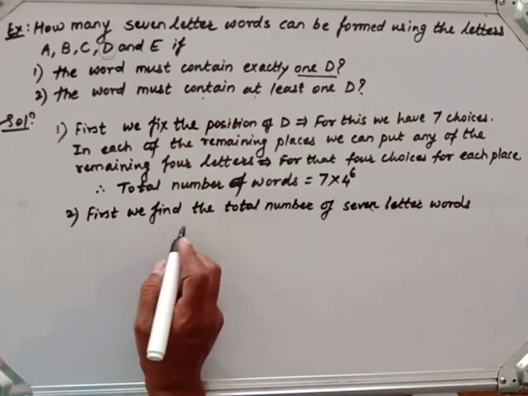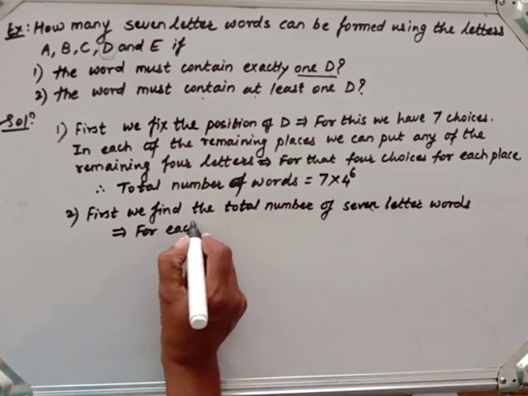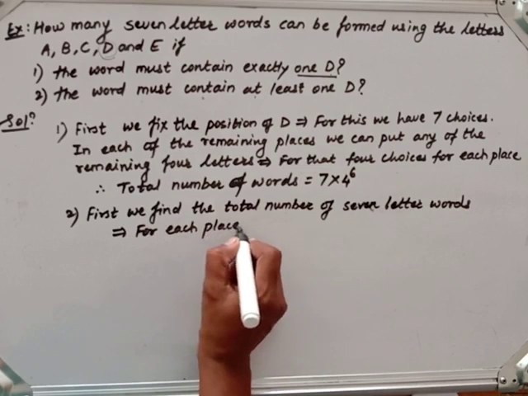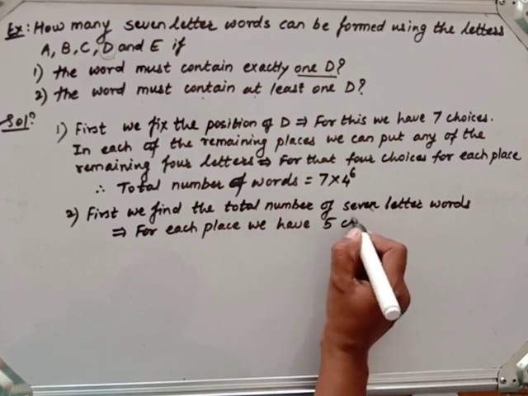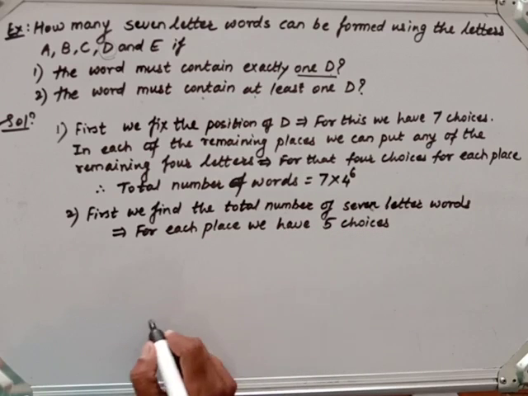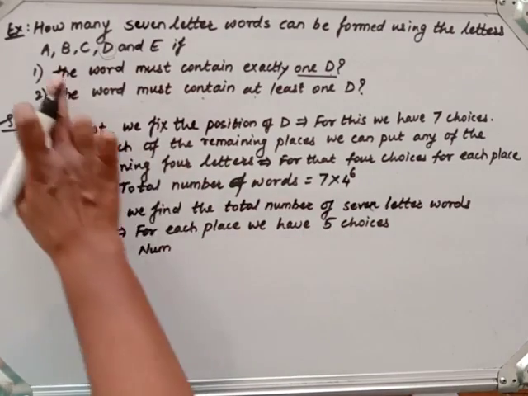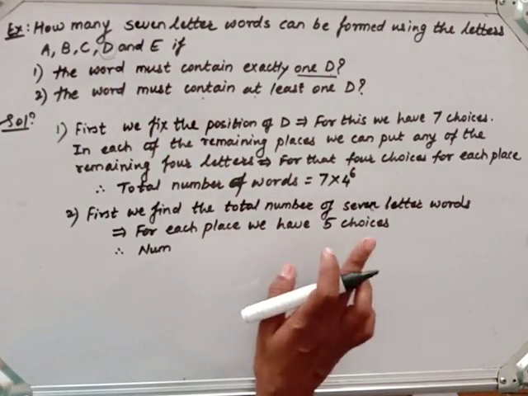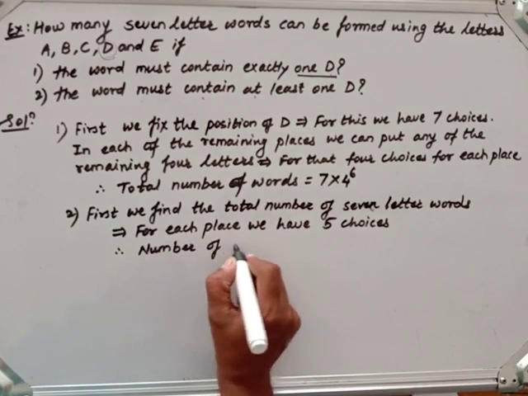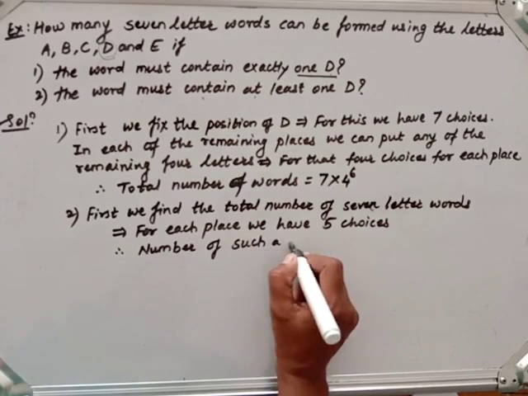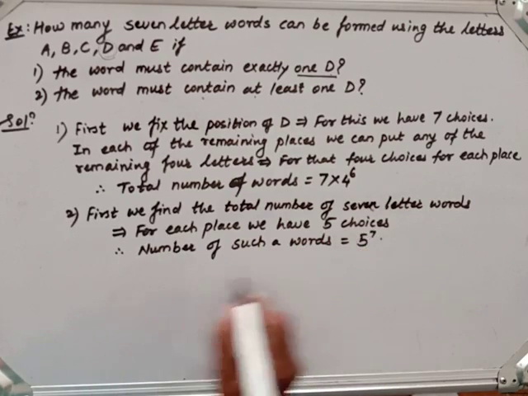Now for 7-letter words, for each place we have how many choices? 5 choices. Why do we have 5 choices? As 5 letters are given to us. Therefore the number of such words is 5 raised to 7. Fine.